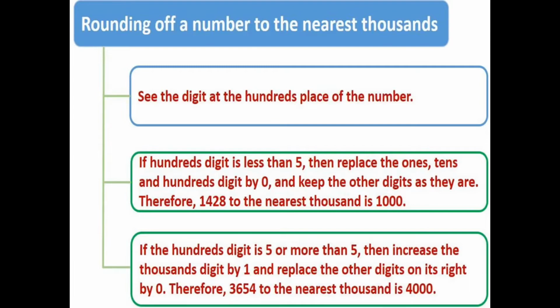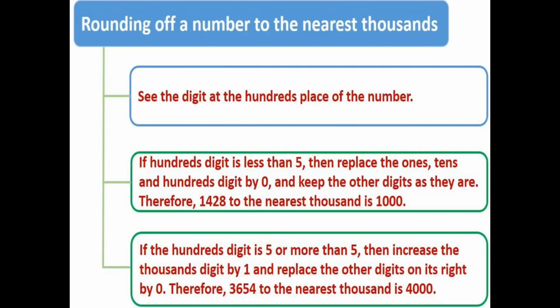If the hundreds digit is 5 or more than 5, then increase the thousands digit by 1 and replace the other digits on its right by 0. Therefore, 3,654 to the nearest thousand is 4,000. Hopefully, it is clear to you.